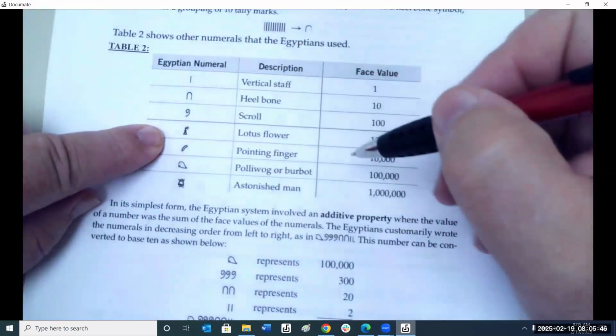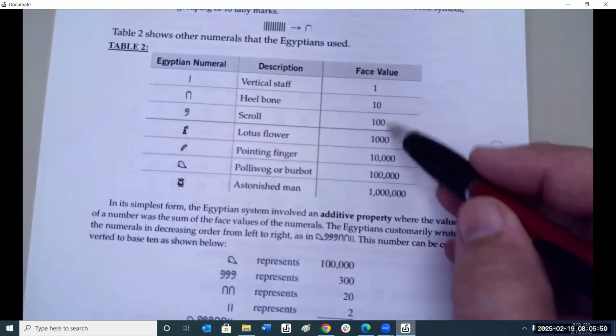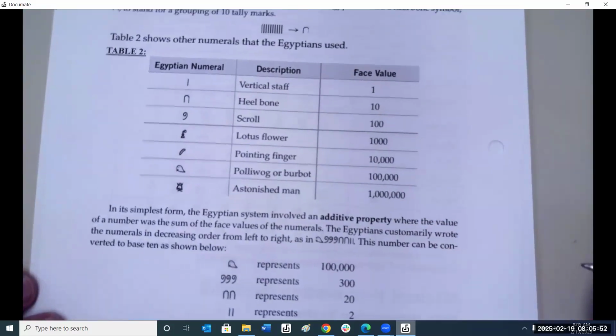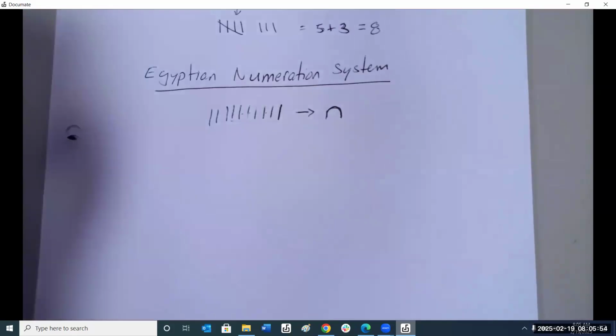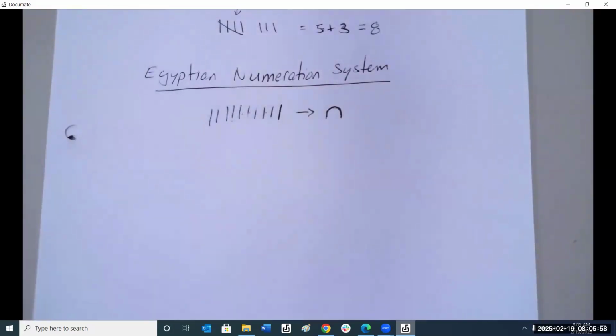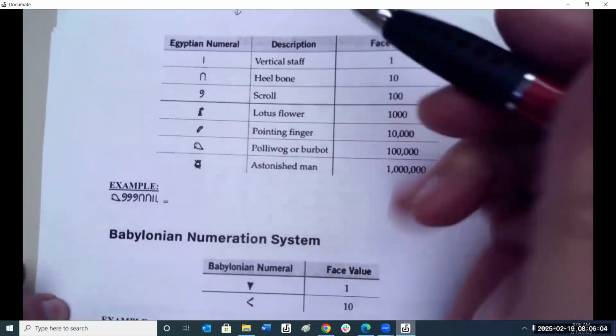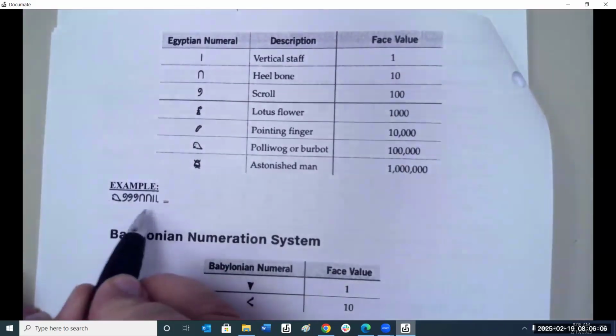The lotus flower, the finger, and all these other ones represented numeric values. So, as we see in our example sheets, we have the numbers, and here's our number.